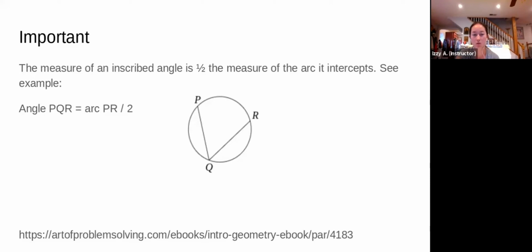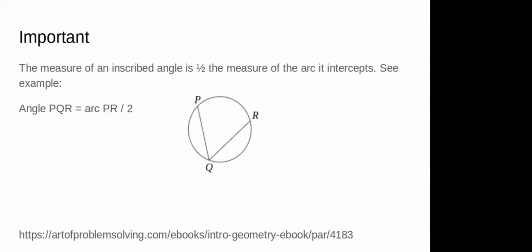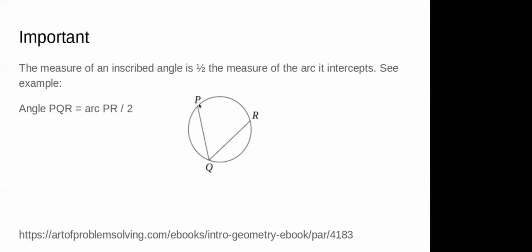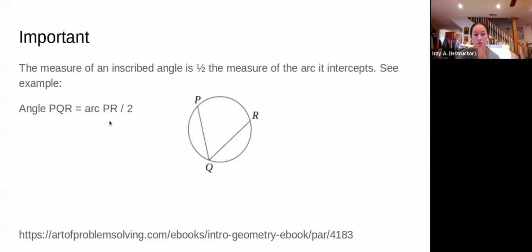So does that mean the number of degrees of PQR is equal to the curved line, the arc connecting P and R, divided by 2? Yeah, so this angle PQR, if you were to rearrange this equation, it would be 2 times angle PQR is going to equal arc PR.